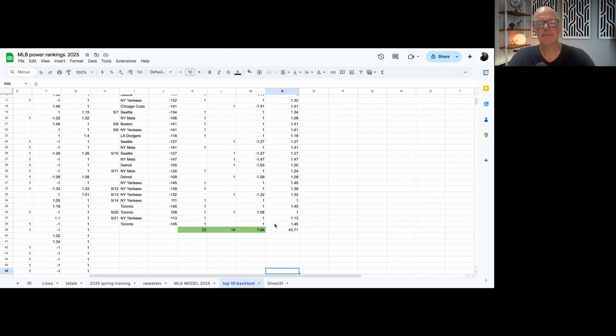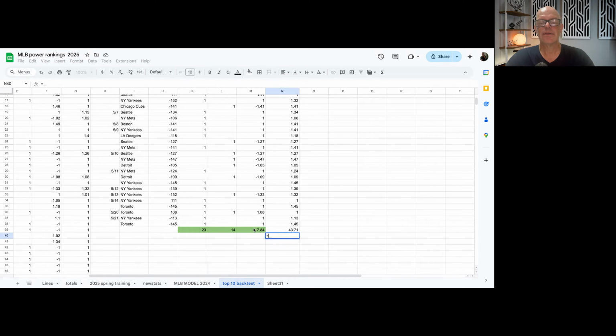If you add this up, this particular sample size from 5/1 to 5/21, small sample size, very accurate, this was what, 62%? But of the 43.71 units invested, we get back 7.84 units. So how do we calculate ROI?